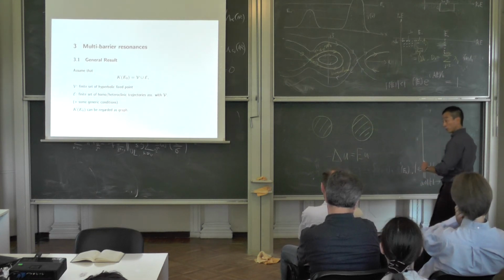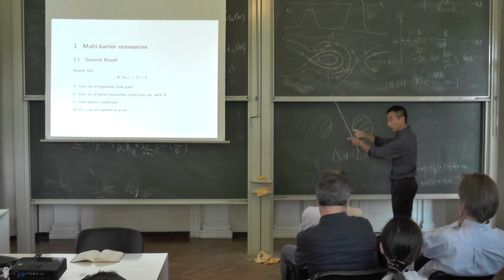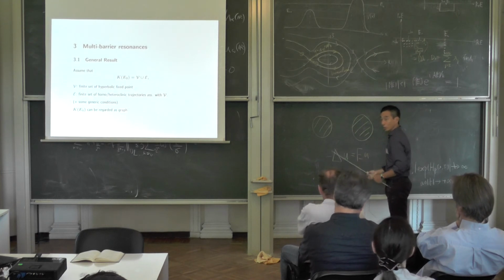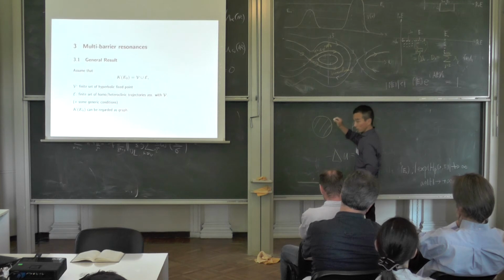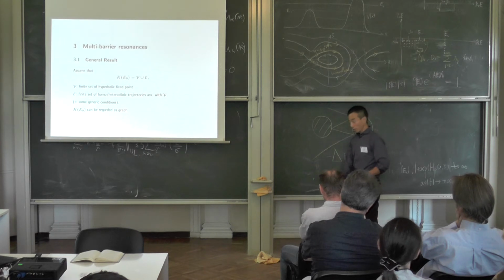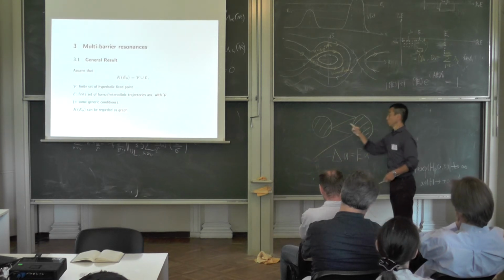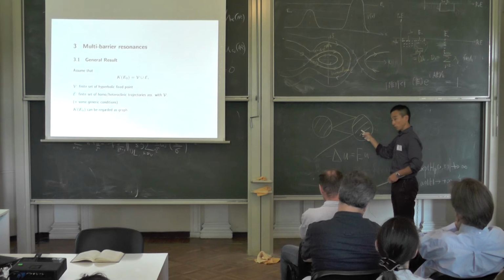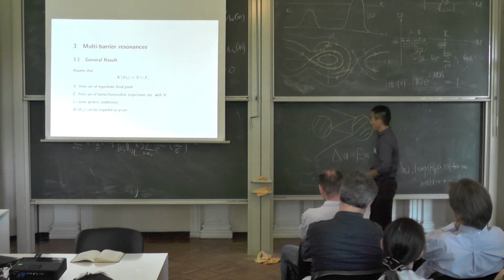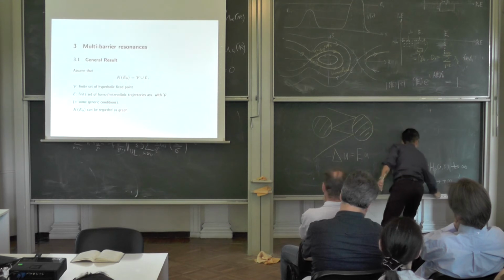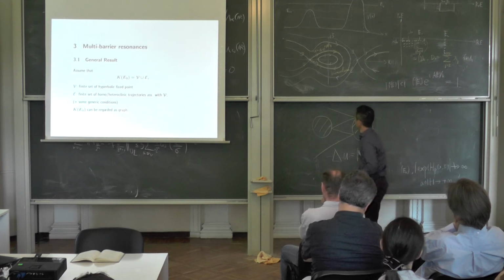The distribution of scattering poles at infinity is closely related to the geometric optics, that is, the existence of the trapped set of the geometric optics. This is non-trapping, but if these two obstacles are convex, you find only one trapped trajectory here.